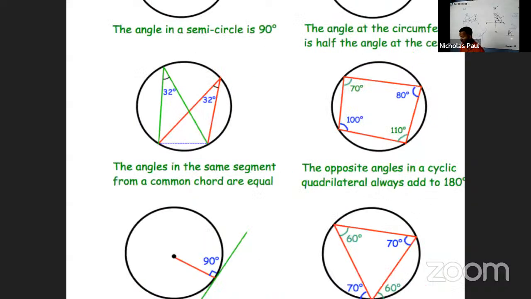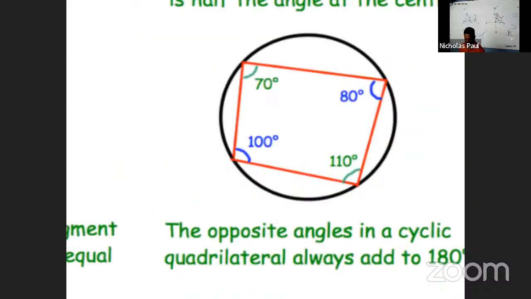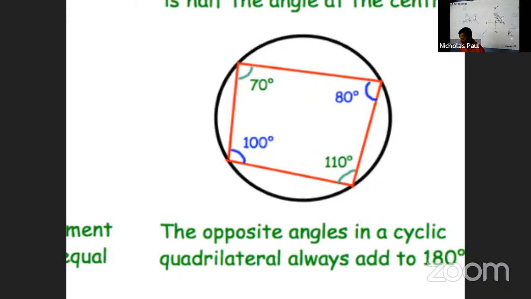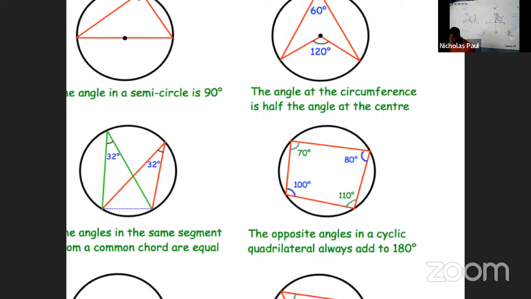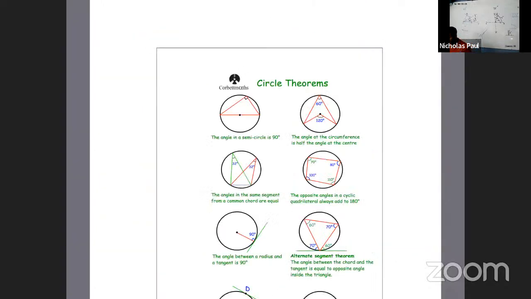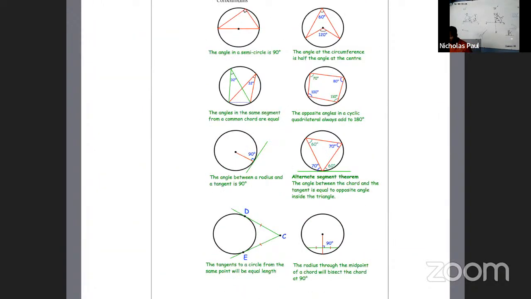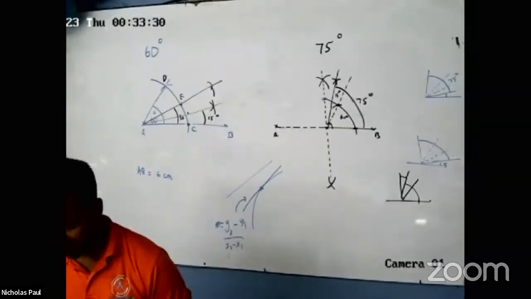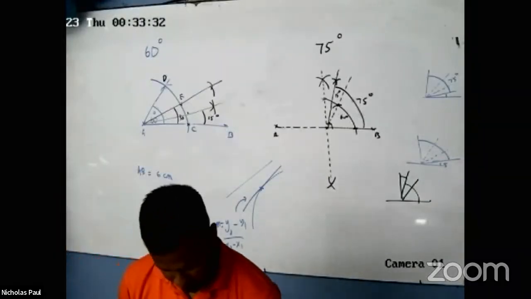When you see the shape, you know it is a cyclic quadrilateral. So learn the rules, make sure you can draw them, and make sure you can write the reason underneath. Okay? Write it down. Malachi, you hear that, right? All right, so that's it.